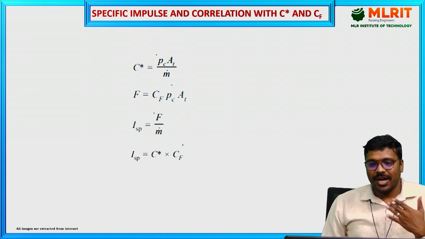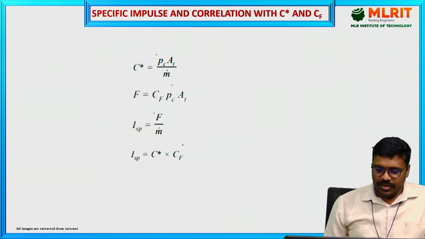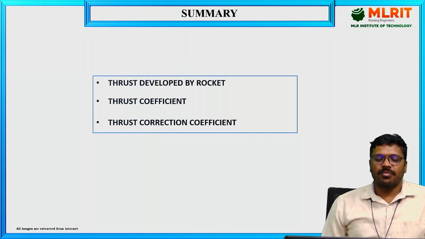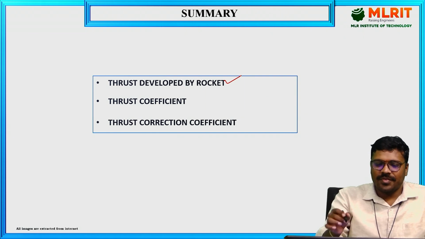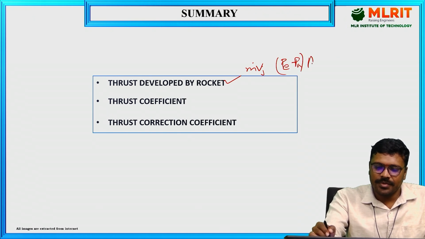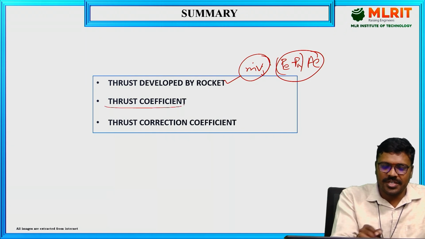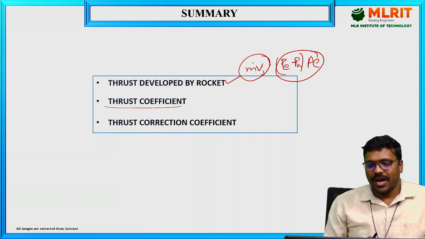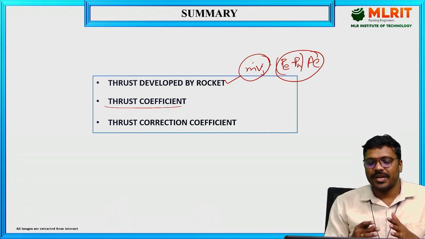So specific impulse is a direct parameter which enables us to assess the performance. So this is about today's topic: thrust developed by a rocket, thrust coefficient and thrust correction coefficient. For the thrust developed by a rocket, we derived the equation depending upon m dot, Vj and the pressure difference Pe minus Pa into Ae, the momentum force and pressure force. The thrust coefficient relates the ideal to the actual exhaust velocity, which depends upon the expansion process.